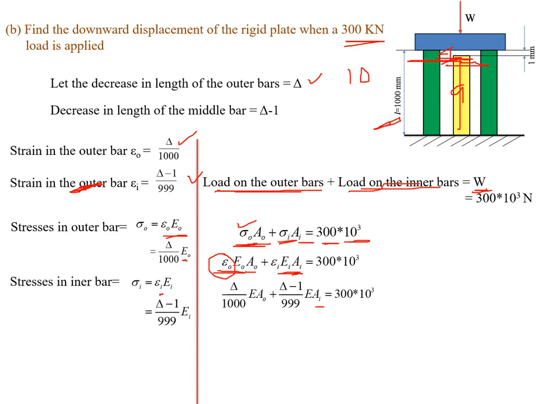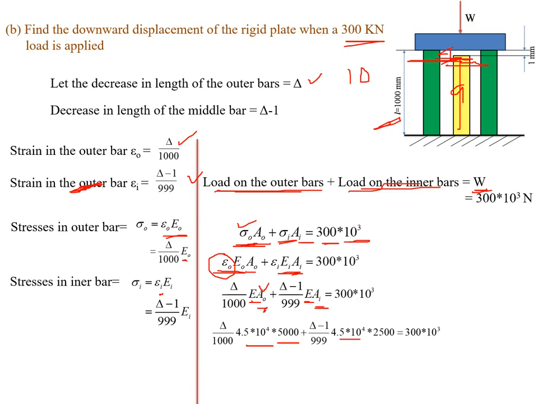In the given data, the cross sectional area of all the bars is already given. There are 2 outer bars, each having 2500, so the cross section area of the outer bar is 2 into 2500, that is 5000. Young's modulus of the magnesium material is given as 4.5 into 10 to the power of 4.